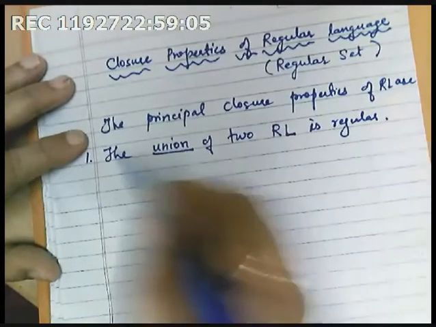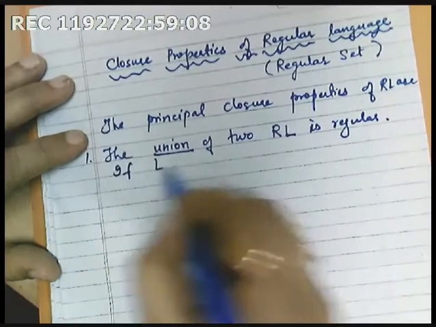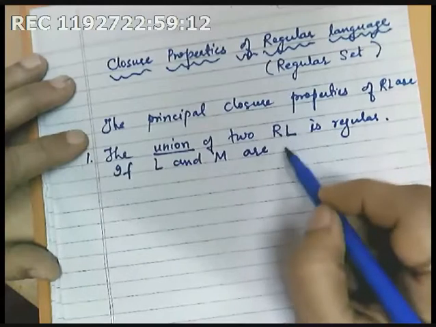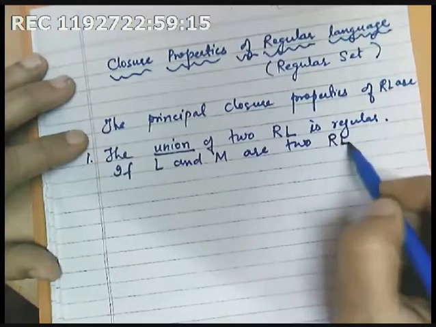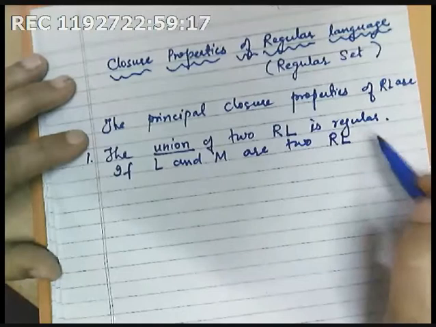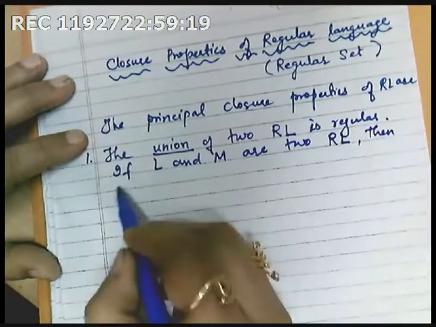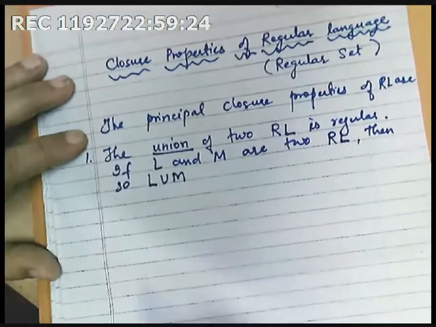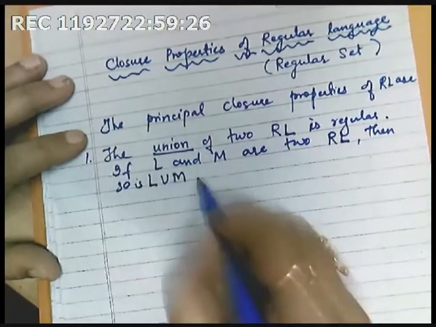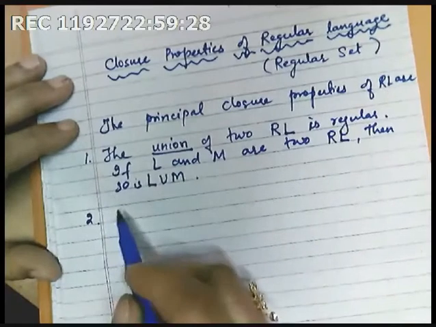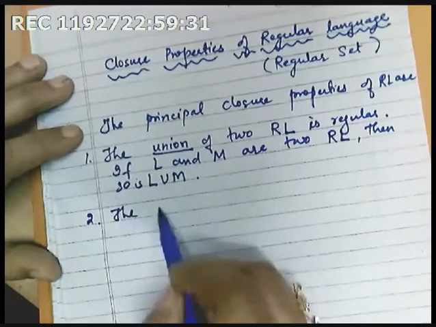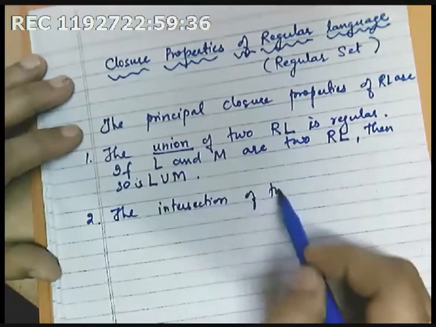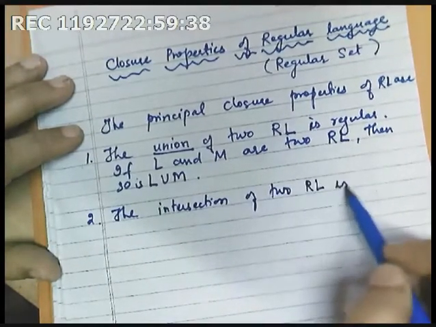That is, if L and M are two regular languages, then so is L union M. This is the first closure property. Similarly, the second is the intersection of two regular languages.